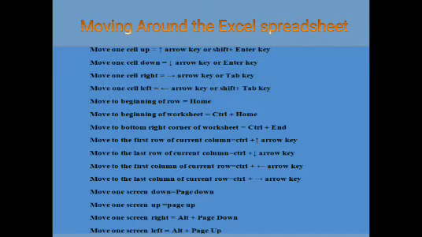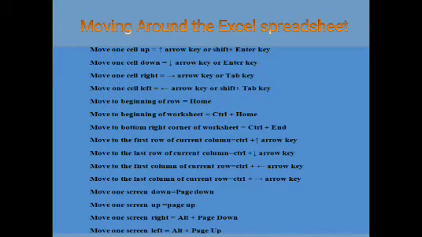So, firstly, we will talk about the four arrow keys: left, right, up, down. As the name indicates, left for the left cell, right for the right cell, up for the up cell, and down for the down cell. You can use the up arrow key or Shift plus Enter to move one cell up.